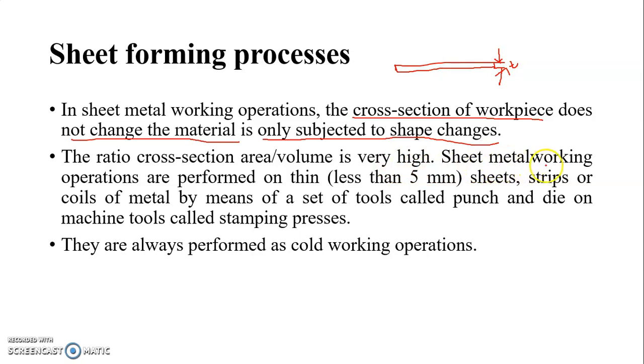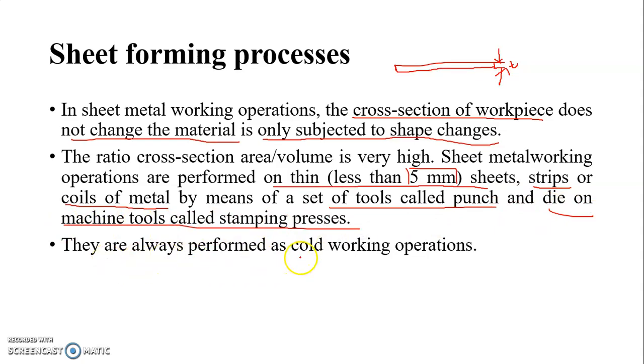Sheet metal working operation is performed on thin sheets which are less than 5 mm, or we can work on strips also, for making a coil of the metal, by means of a set of tools called punch and die on the machine called a stamping press.